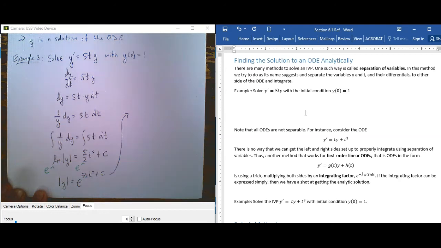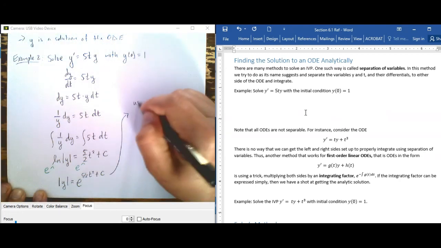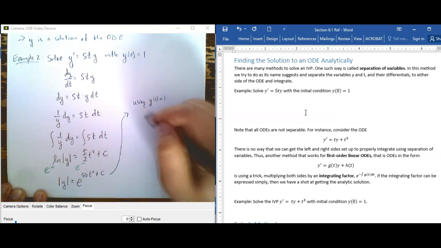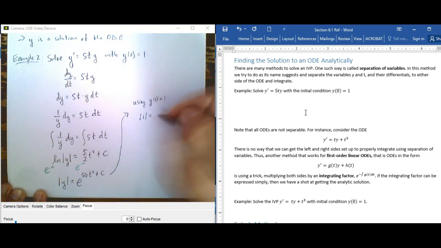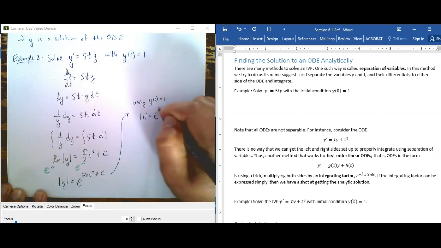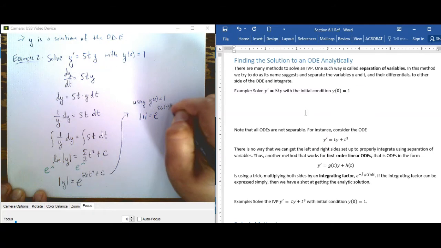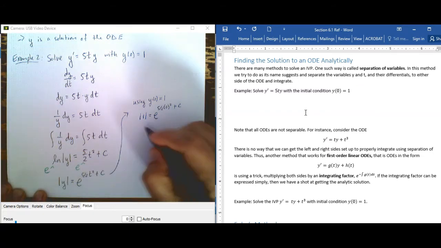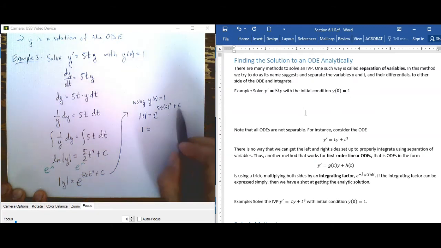Using the initial condition, we get the absolute value of 1 is equal to e to the 5 halves times 0 squared plus c, which equals e to the c.